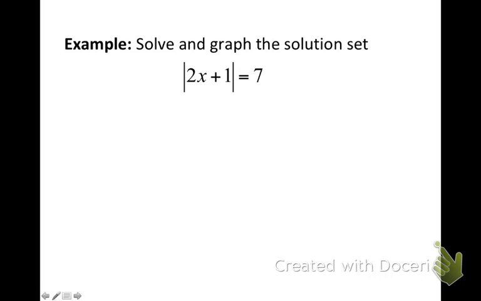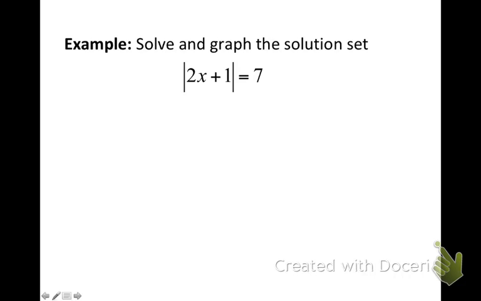So now we have the absolute value of 2x plus 1 is equal to 7. Well, now it's not just what number has a distance of 7 away from 0. It's what number times 2 plus 1 has a distance of 7 from 0, right? But still the same thing holds true.